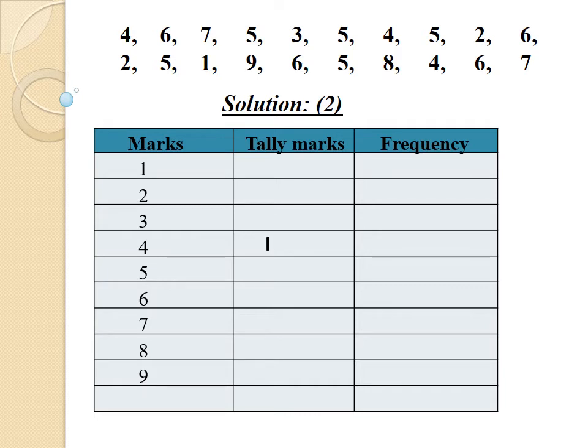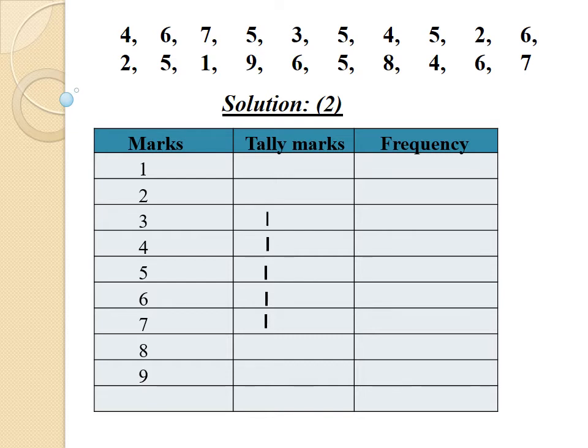Then, is given 6. So, in front of 6, in the second column, we have to draw a tally mark. Then, is given 7. So, in front of 7, we have to draw a tally mark. Then, is given 5. So, in front of 5, in the second column, we have to draw a tally mark. Then is given 3. So, in front of 3, in the second column, we have to draw a tally mark.